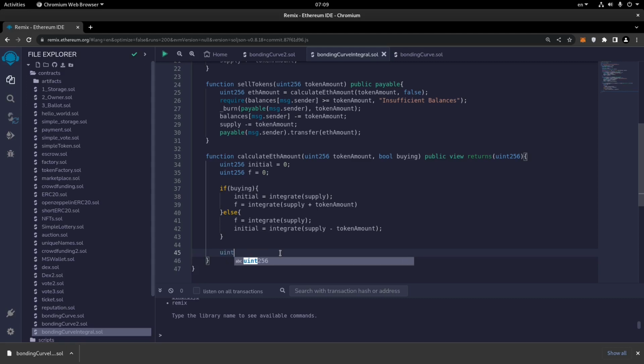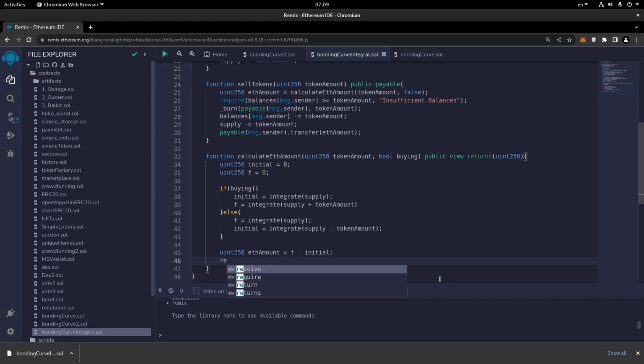So the resulting value uint256 will be the ETH amount. So the ETH amount will be the result of the subtraction of the f subtracted from the initial, and here we go, it will be the value just like that. So just like that, we will get the ETH amount.